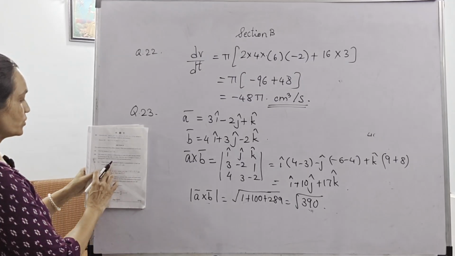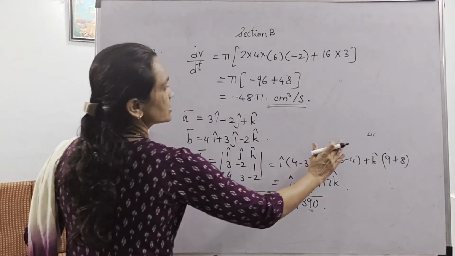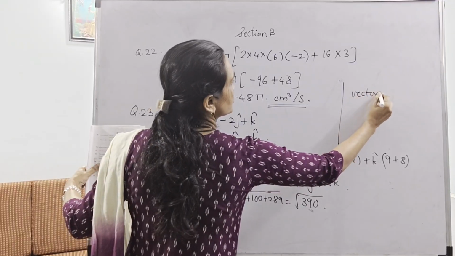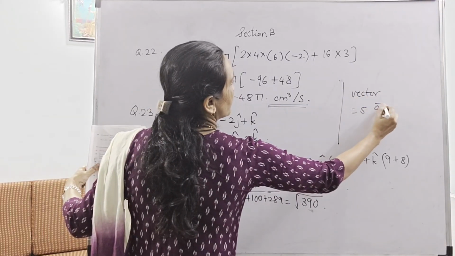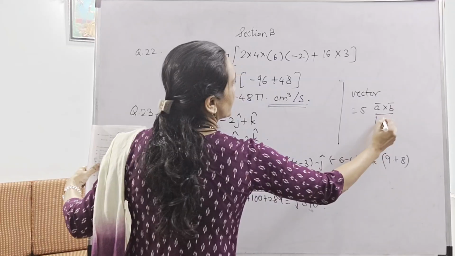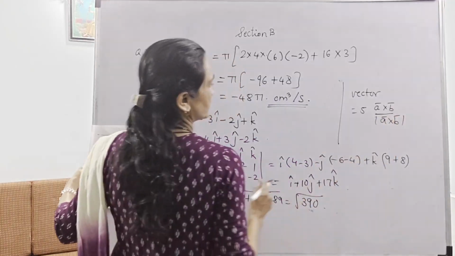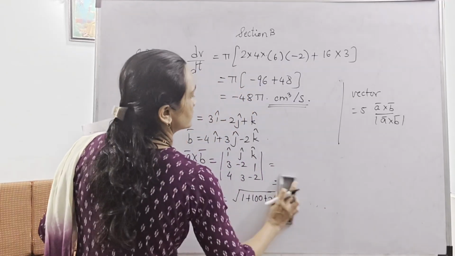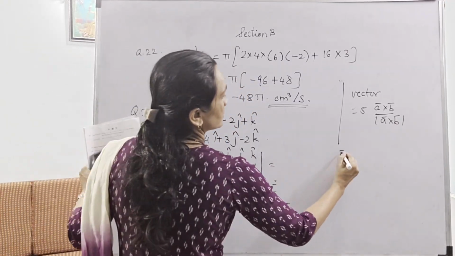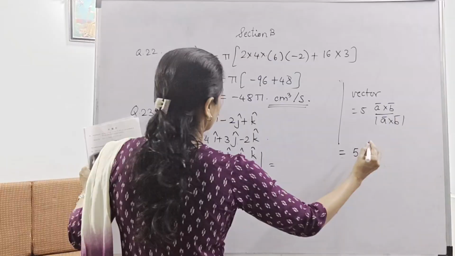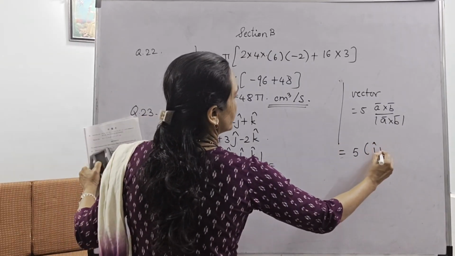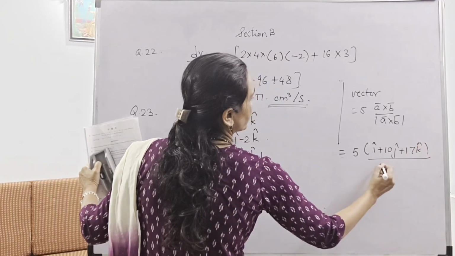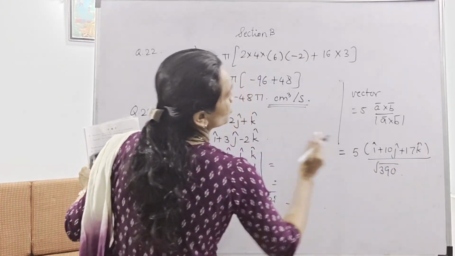Now it is asked to find a vector of magnitude 5. So I will write the vector as 5 times a bar cross b bar divided by the magnitude of a bar cross b bar. So my answer will be 5 into i cap plus 10 j cap plus 17 k cap divided by root of 390.